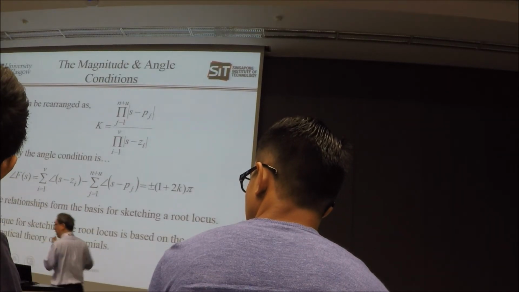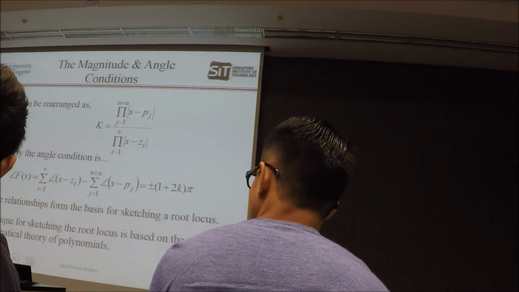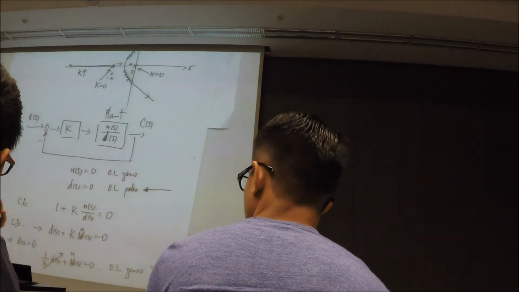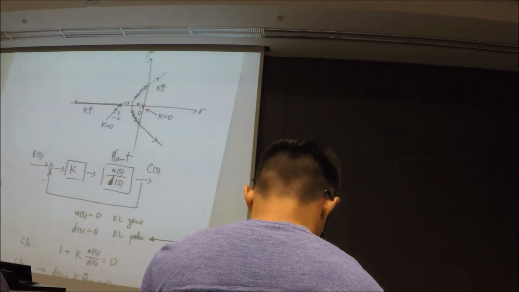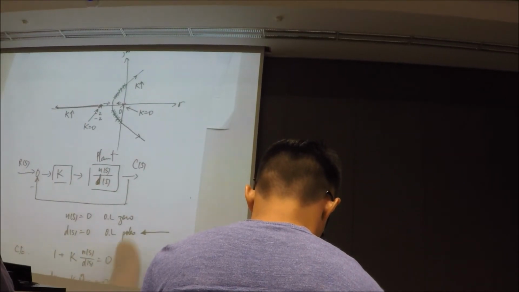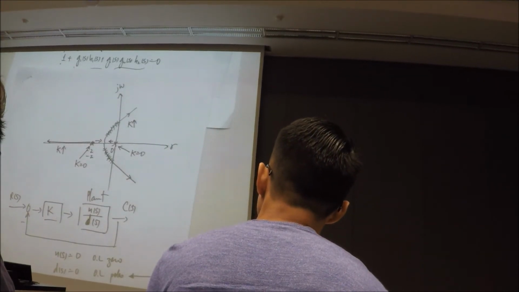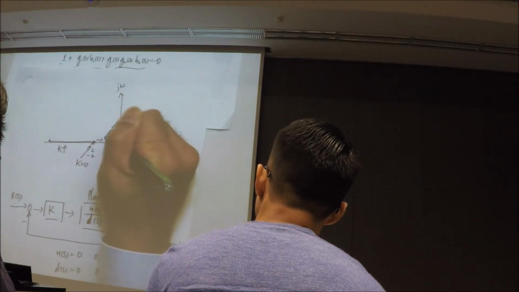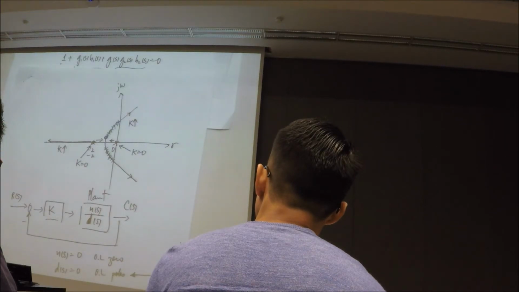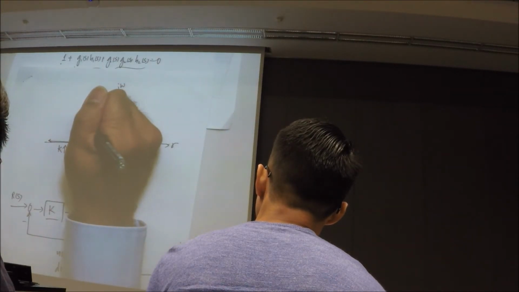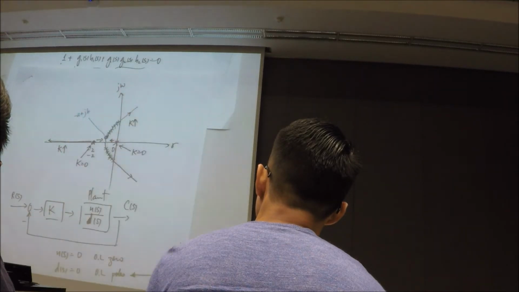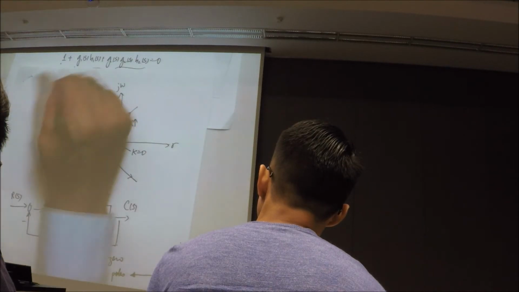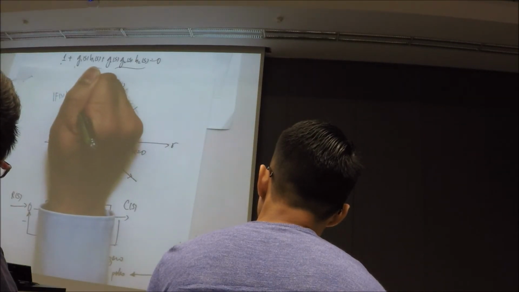That means if I go back to use this diagram to indicate to you, if I tell you that this point here, hypothetically, I call it minus a plus jb, is on the root locus, you should be able to use the angle and the magnitude conditions to show that the magnitude of F(s) is going to be equal to 1, okay?